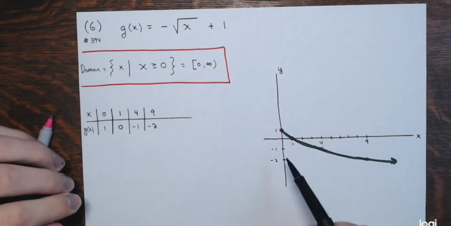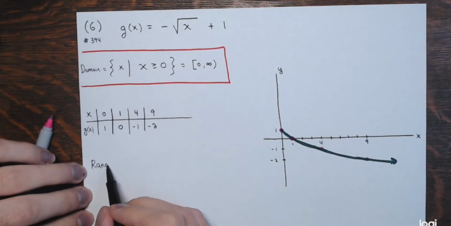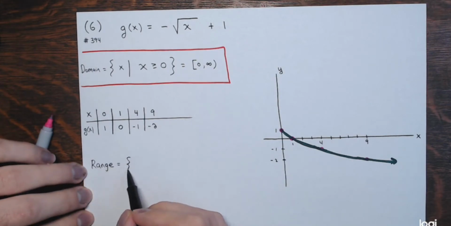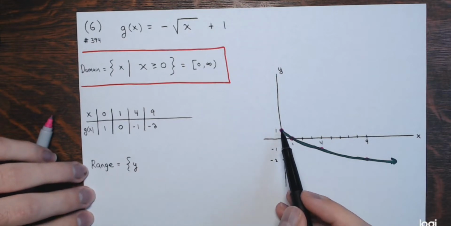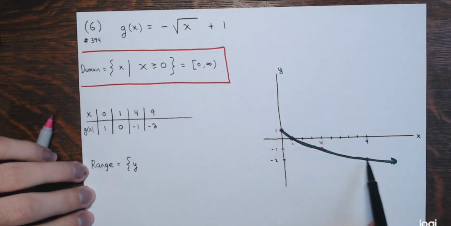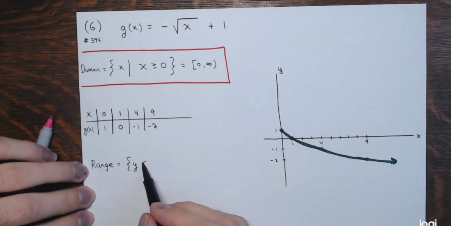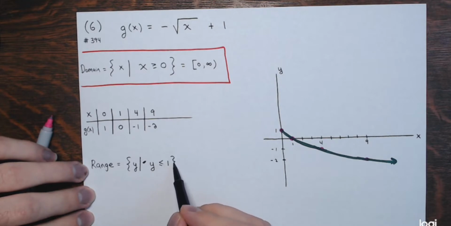All right, so now that I have the graph in, we can state the range. Again, it's all y values. Now this time though, looking at the y-axis, what outputs are used in this graph? The highest value of y is 1, and then it just goes down. So all y are used such that y is less than or equal to 1.